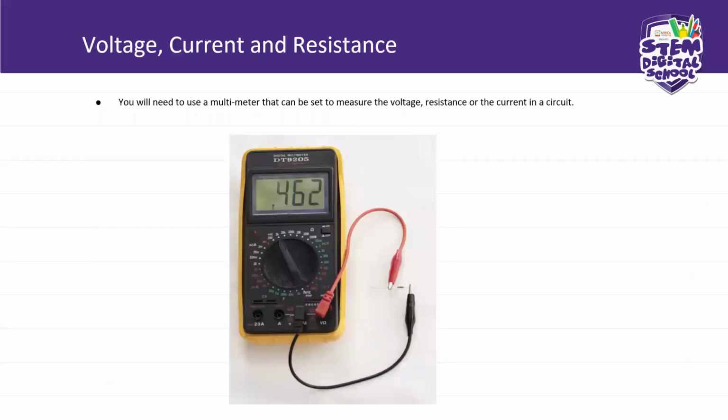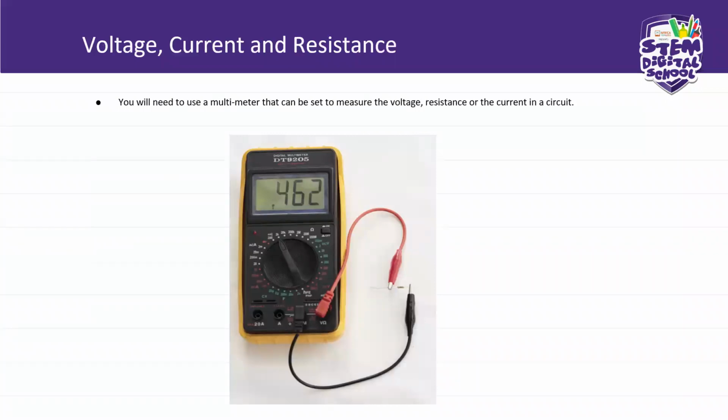Okay, now let us look at current, voltage, and resistance. What you see in front of you here is what we call a multimeter. We have different tools that we use to measure voltage, resistance, and current.